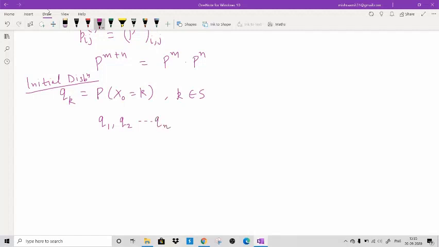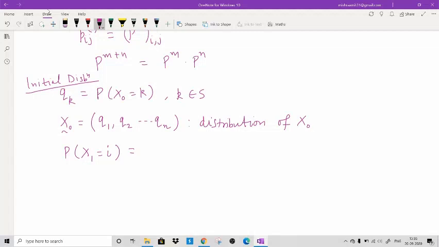For example, there are n states. So if you represent this vector as the distribution of X naught, that means the initial distribution. Okay. Now if I want to find the distribution in the next step, that means the probability that after one step our process will be in state i.